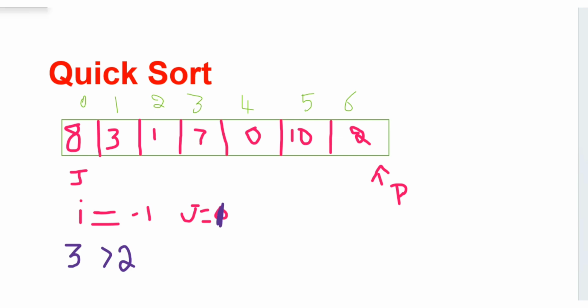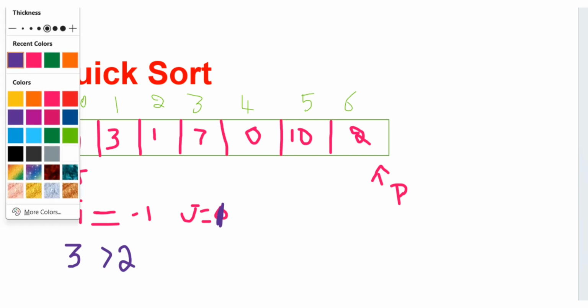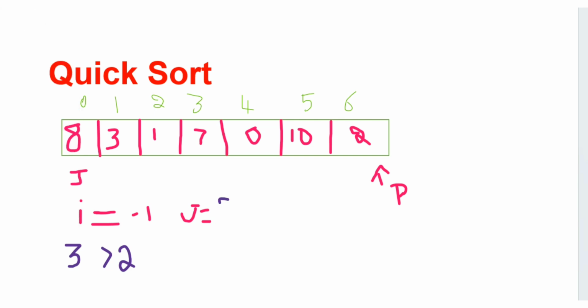So no need to swap because 3 is greater than 2. So increment j to 2. Now we compare: 1 is less than 2? Yes. We need to increment i to 0.